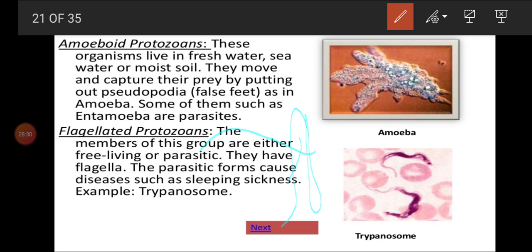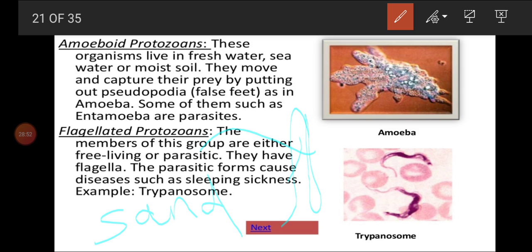Both are synonyms. Here the fly is different: the sand fly. Trypanosoma is spread by the tsetse fly, but leishmania is spread through the sand fly.